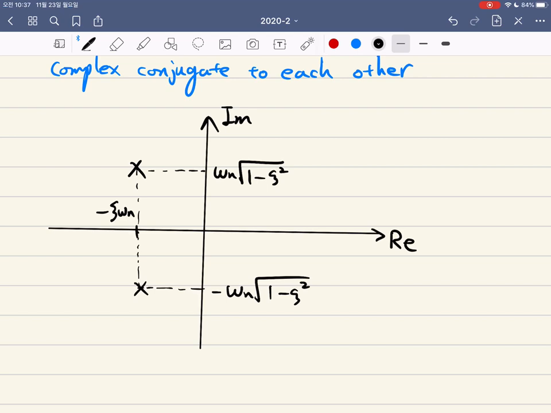Okay, I can characterize some things about these two poles. First, what is the length from the origin to the pole for both? If you do the math, then this length will be omega n.